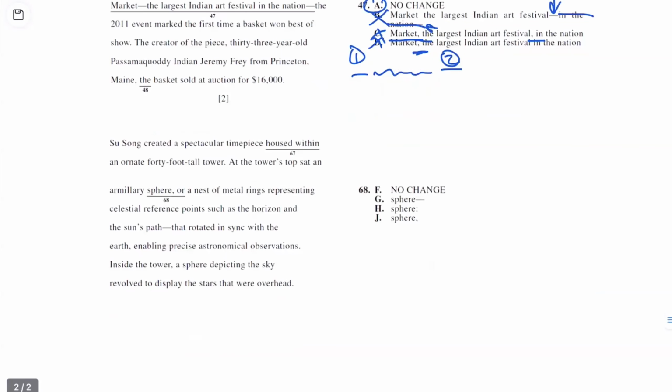All right, let's have a look at this second one here. Now, I can see I have a comma here and I have an M dash here. Let's think like a test maker, okay? I can't mix and match. You can't do commas and then an M dash together.